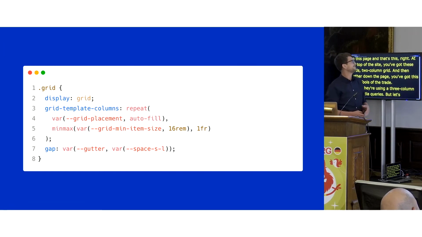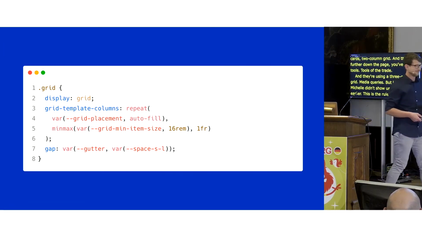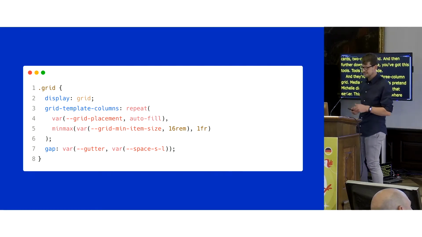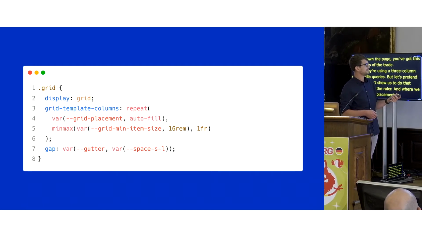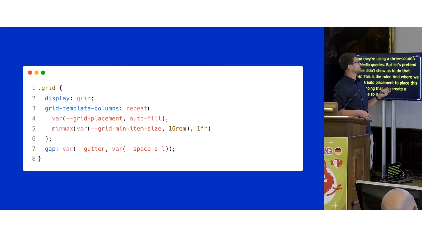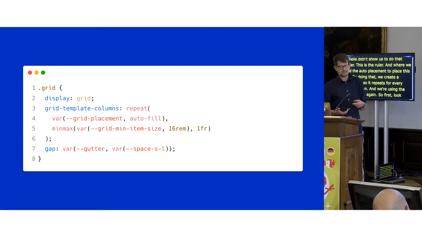So this is the rule that I've written, and it's very similar to what Michelle showed you earlier, actually, where we use the auto placement in order to create this responsive grid. Now, by doing that, we create a repeat rule, so that it repeats for every single column. And we're using the same model again. So we're saying, first, look for a grid placement variable. And if you can't find that, use autofill.